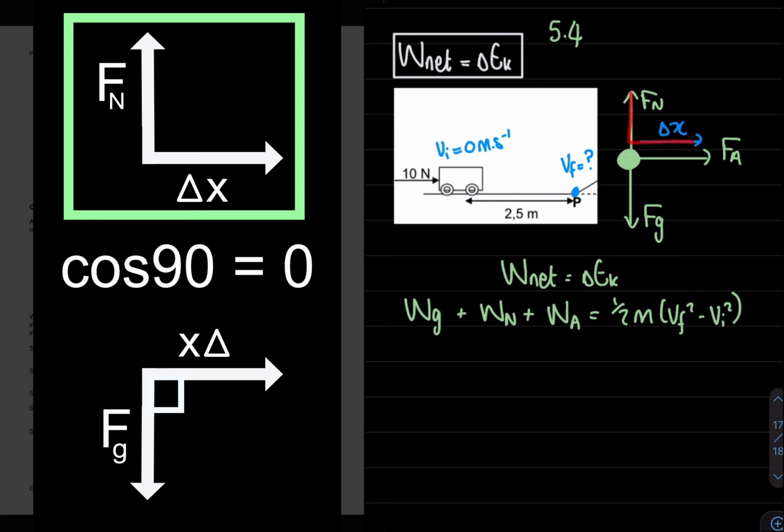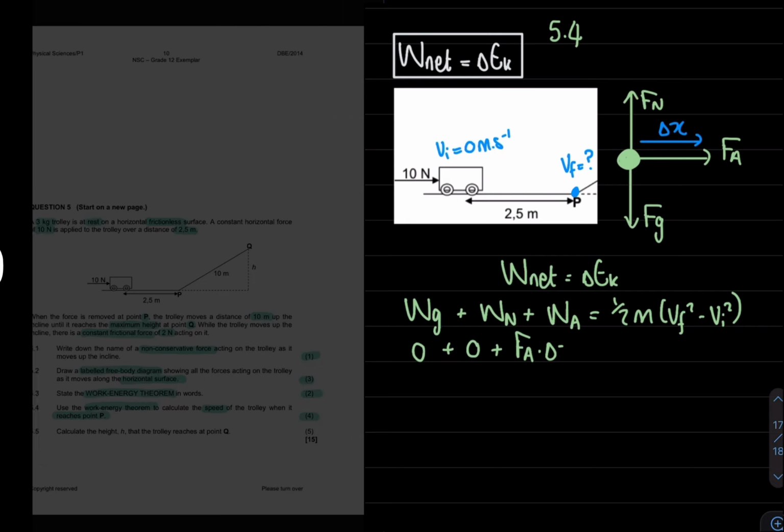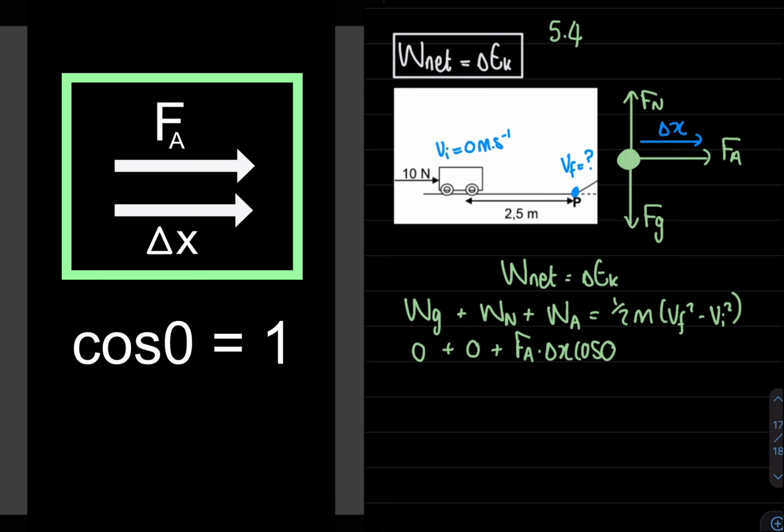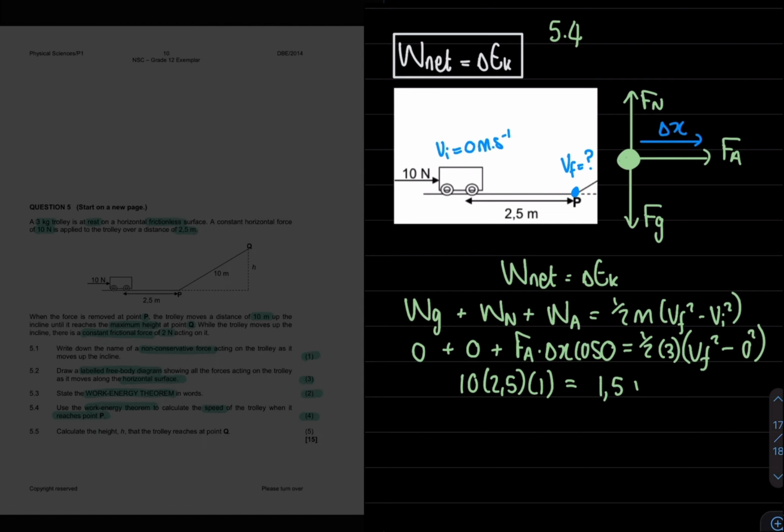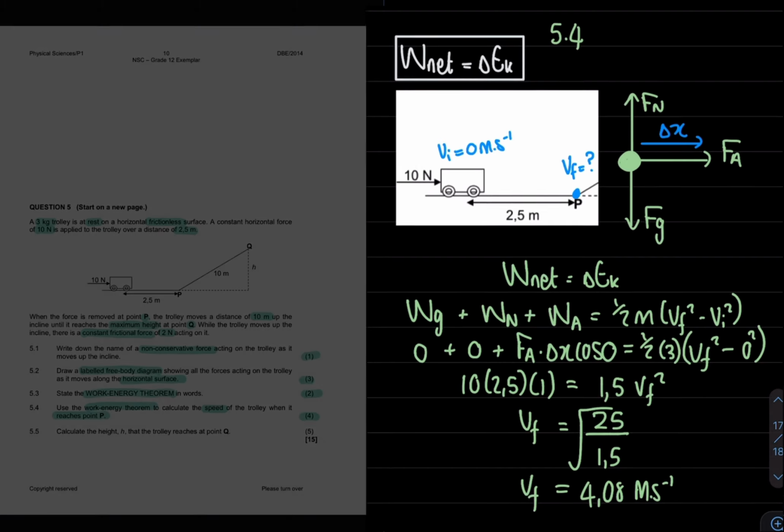My normal force and displacement work on each other at an angle of 90 degrees, and the cos of 90 is equal to 0. The angle between the applied force as well as my displacement is 0, and therefore it is a cos of 0. Which gives us a speed of 4.08 meters per second at point P.